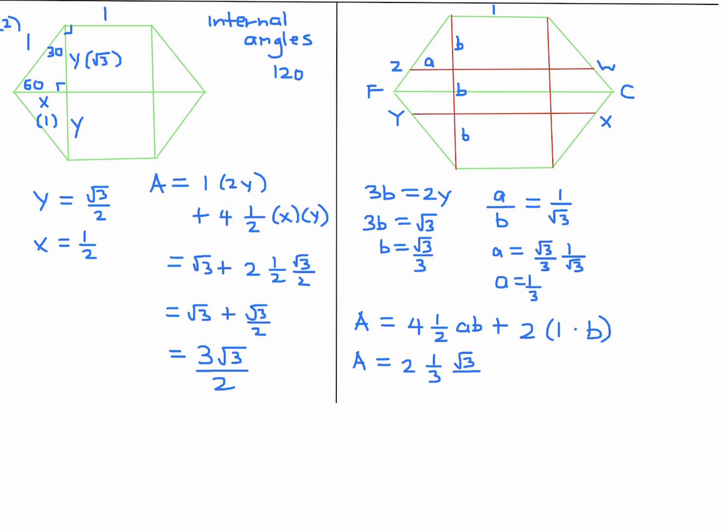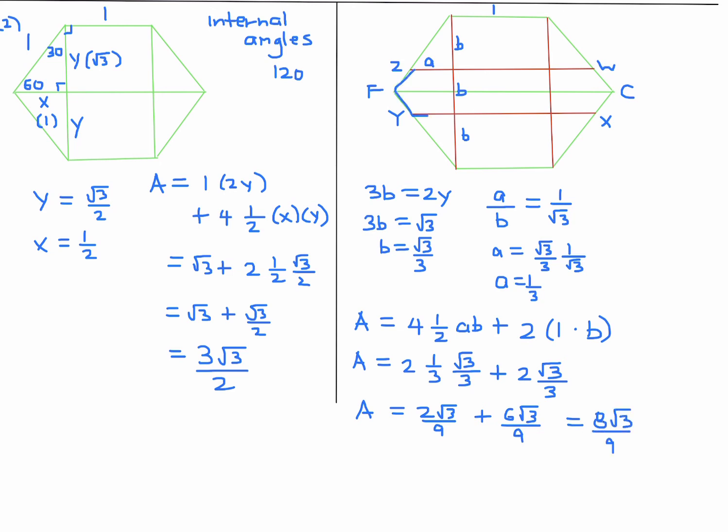B is root 3 over 3. So this is equal to 2 root 3 over 9 plus, let's get a common denominator, top and bottom by 3, so 6 root 3 over 9. And that is 8 root 3 over 9.